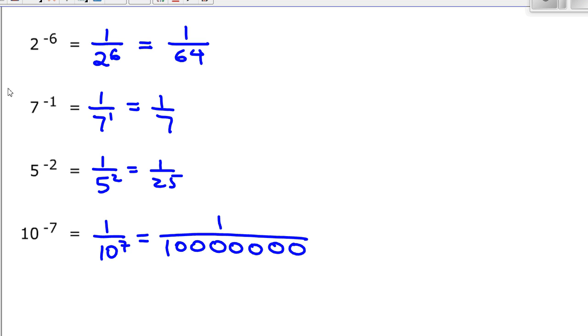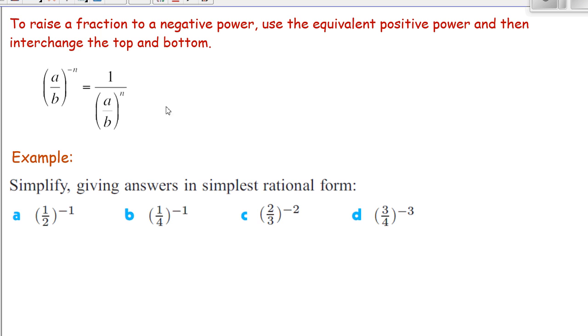So that's how you use the idea of negative indices to work out this kind of questions. So I'll move on to something else here that I want to explain. Now, to raise a fraction to a negative power, use the equivalent positive power and then interchange the top and the bottom. Now, I'll try to explain here if you can get why.